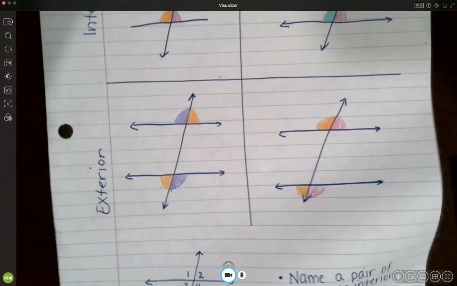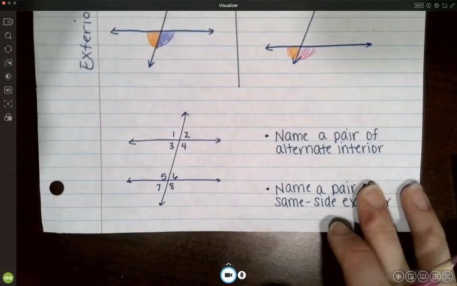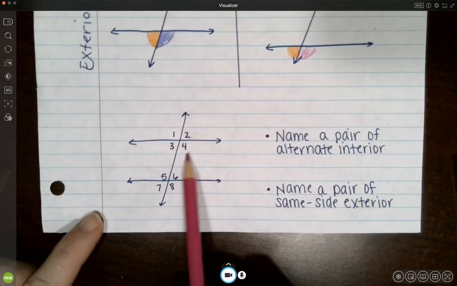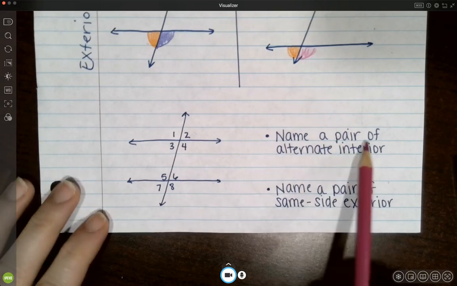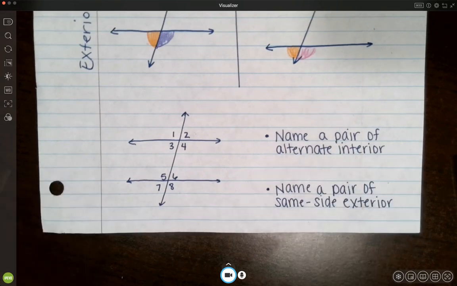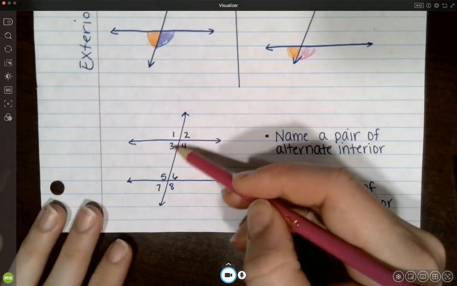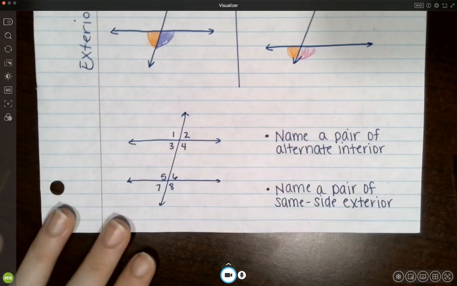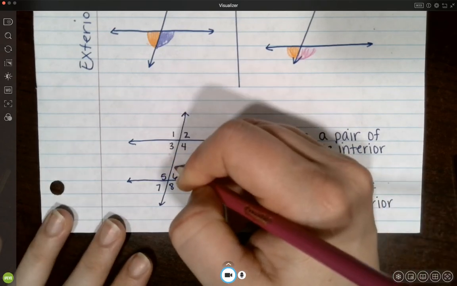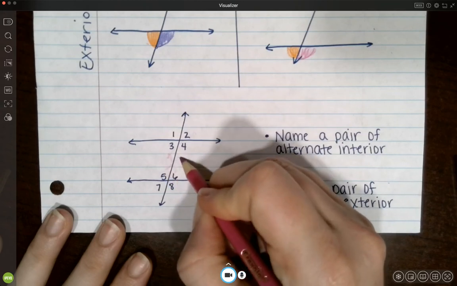All right, so let's try this out. I have our angle numbers, and it says name a pair of alternate interior. So there's two options. Interior means I am working on the inside, so my choices are 3, 4, 5, and 6. And I want alternate, which means I am working on opposite sides of my line.